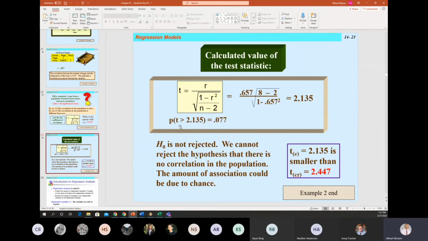In this case, the p-value is 0.077, meaning that we can reject the null hypothesis only if we accept a level of significance alpha of 7.7%.